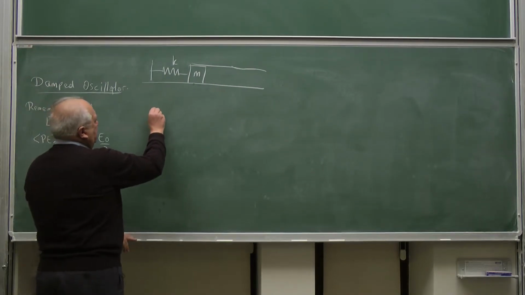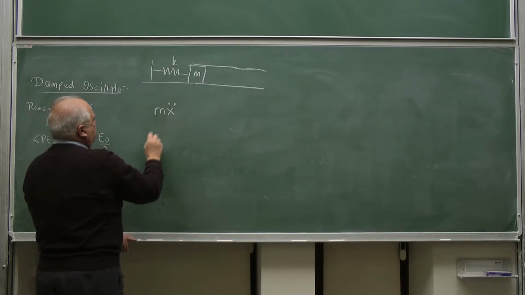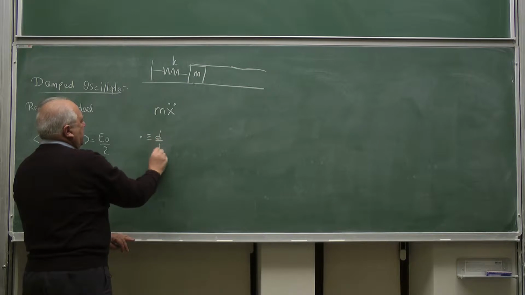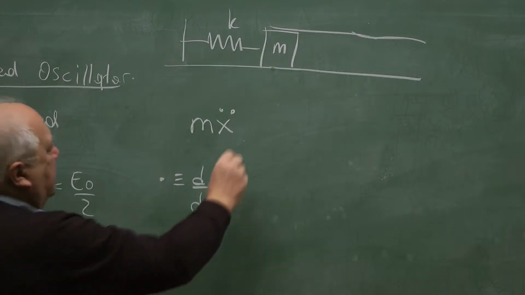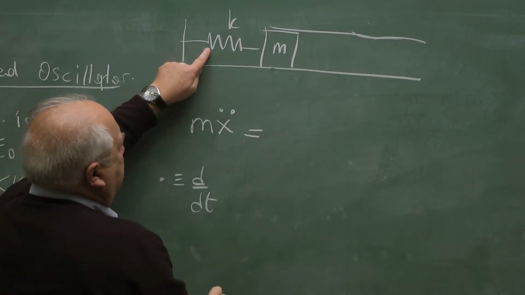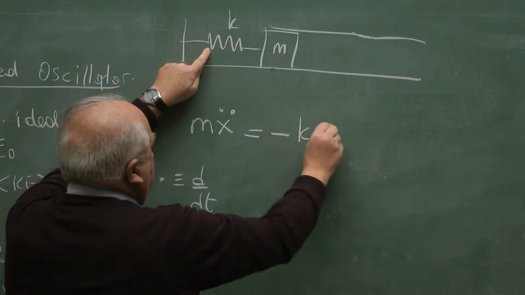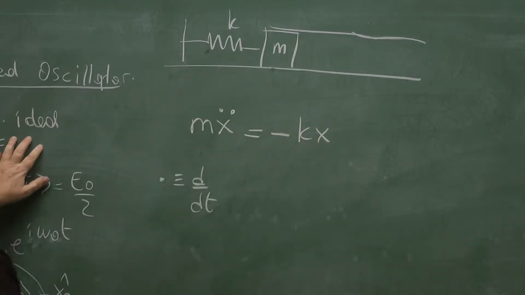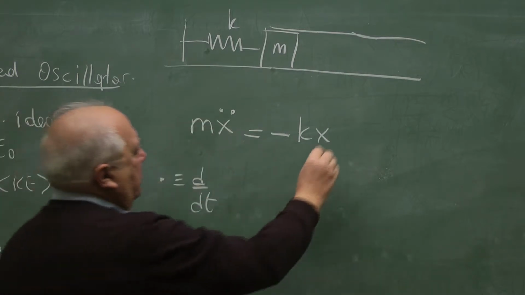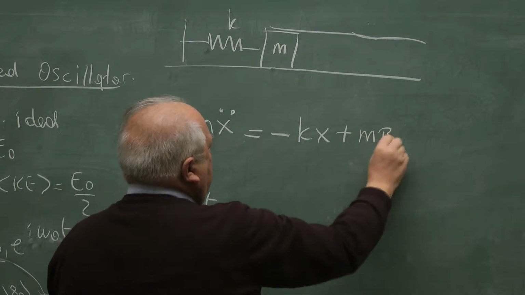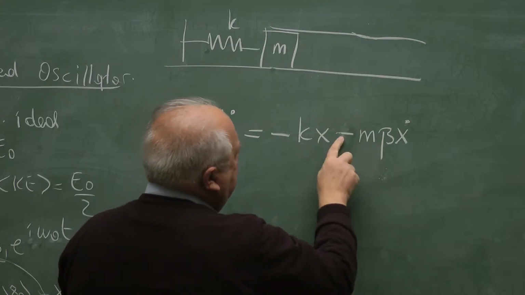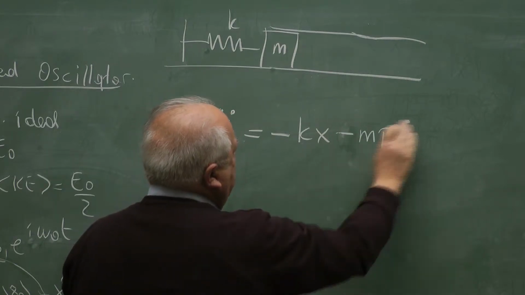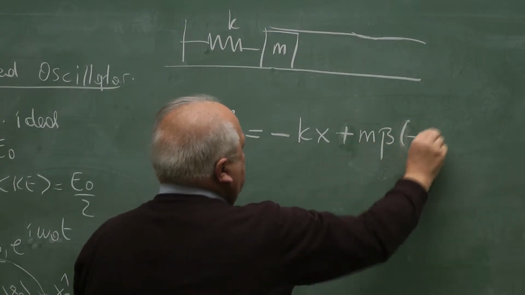So the equation of motion, m times a, remember dot means the same thing as d by dt, and this is a shortened notation, so double dot means second derivative. That's equal to, well, we have the restoring force, minus kx. So far, it's the ideal oscillator. Now we add the friction force, and we parameterize the force as m beta x dot, and it will come with a minus sign, minus m beta x dot.